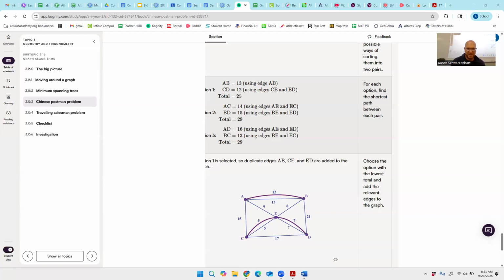Let's say I started at A. So now I somehow have to get back over and do this road. So I'm going to take the shortest path from C to D. There's my adding the 12. Now I've hit every road. Now I got to get back. There's my 13. Does that make sense?